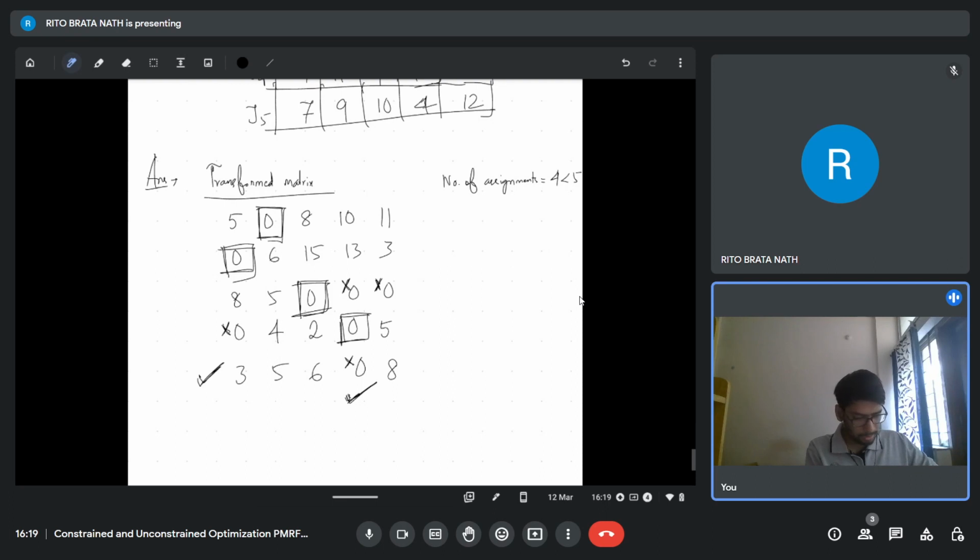Now through these ticked portions in the column, you can draw a straight line, and from the other unticked portion of the rows, you can draw straight lines, right? So now let me do that.